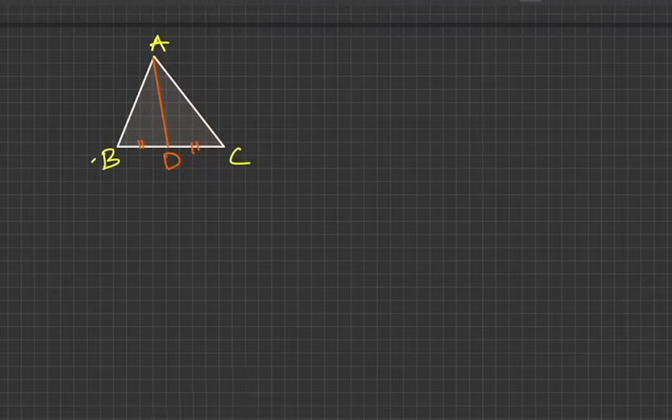So now if the base is, let's say, 3x minus 4y, and the altitude is 6x plus 5y, then find the area of triangle ABC.